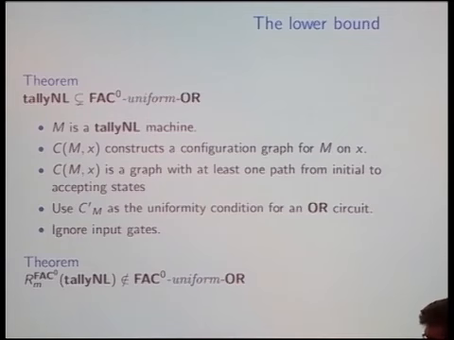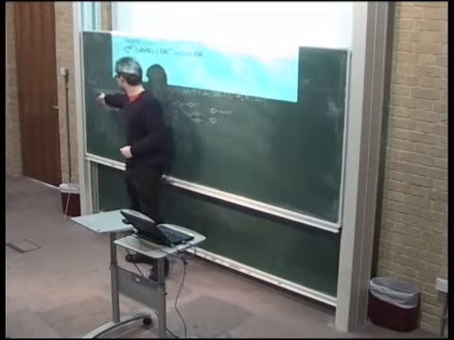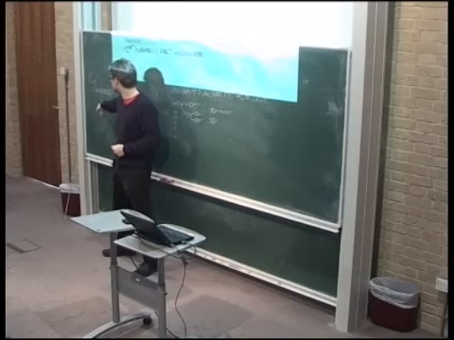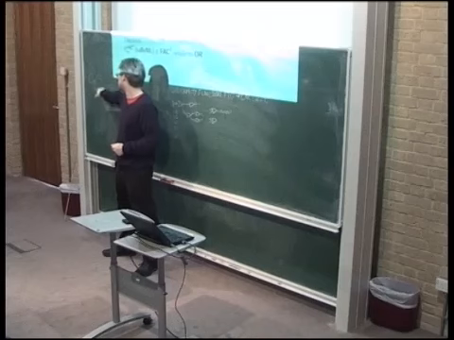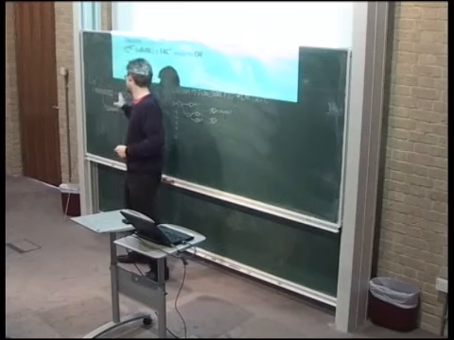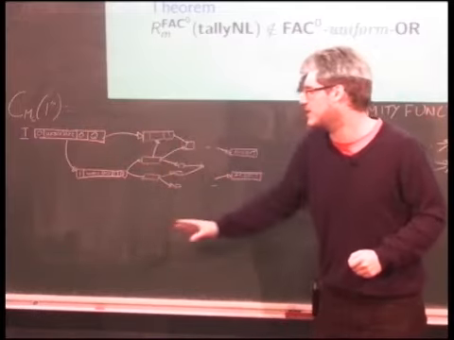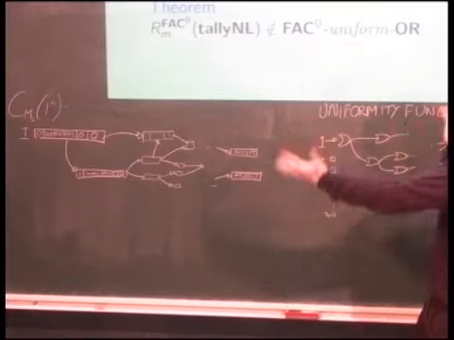So the configuration graph, you probably know what this is. You take all the information, the instantaneous description of the Turing machine, so the position on the input tape, the work tape, the state it's in, and if on this particular input you can go from one configuration to another, then you add an edge in this graph, and because it's log space, that will be of polynomial size.